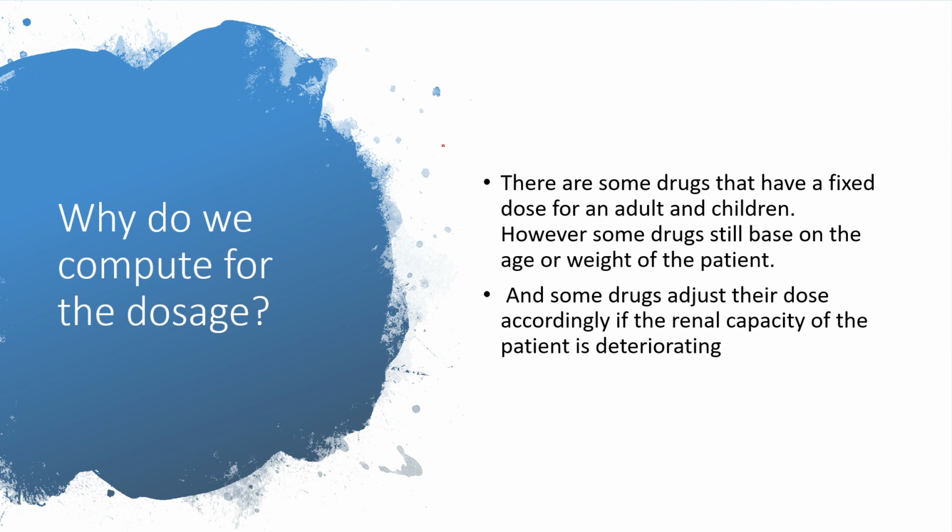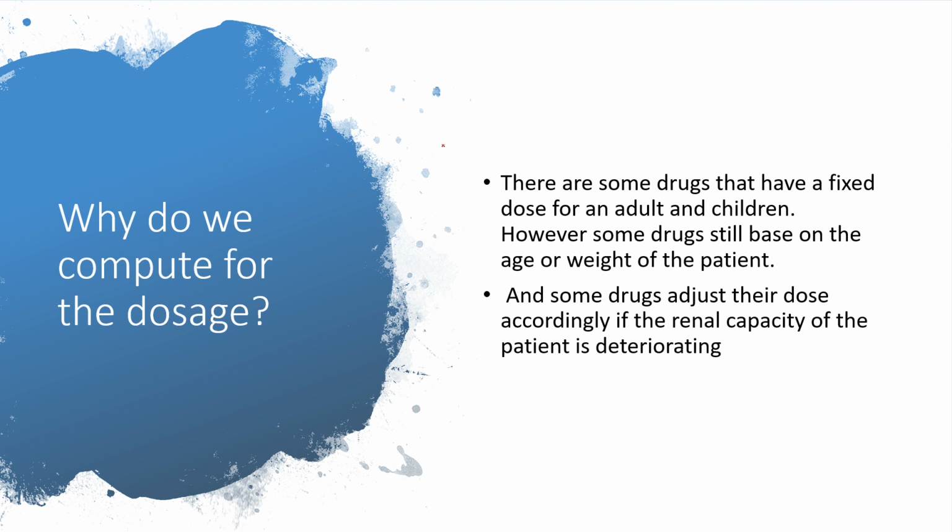Okay, so why do we need to compute for dosages? There are some drugs that have a fixed dose for adults and children. However, there are some drugs still based on the age or weight of the patient. Why is this? Because it is related to potency. We have some drugs that are safe to give in large doses, while we also have some drugs that are more potent, meaning a small amount could be toxic to a patient.